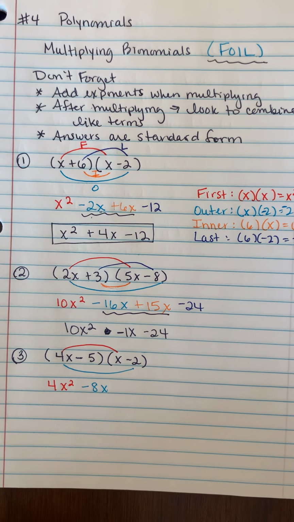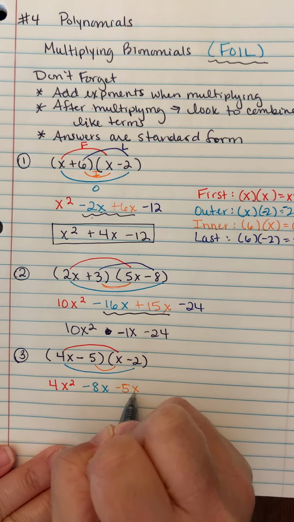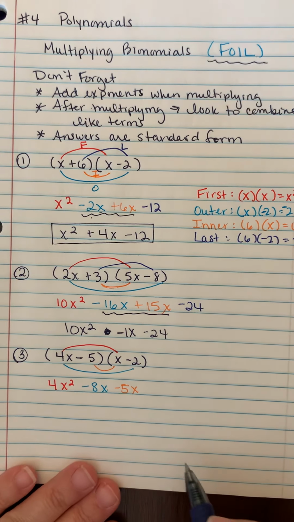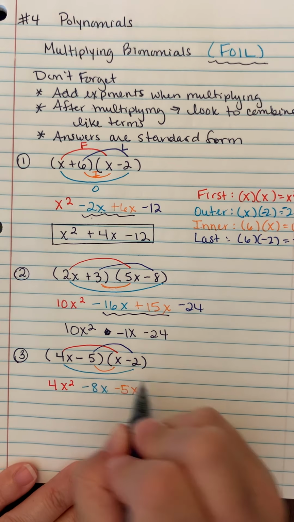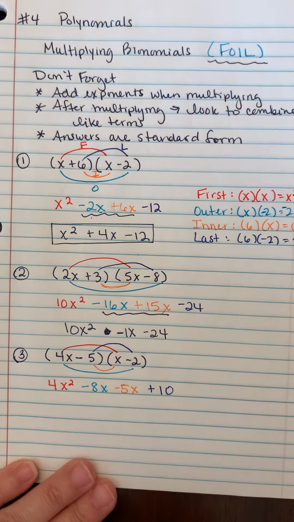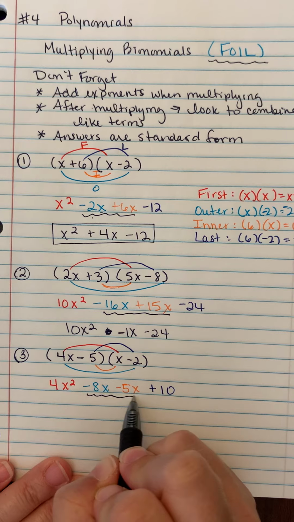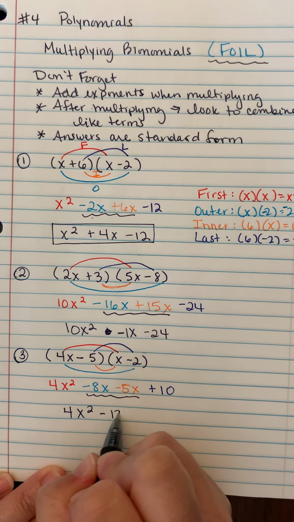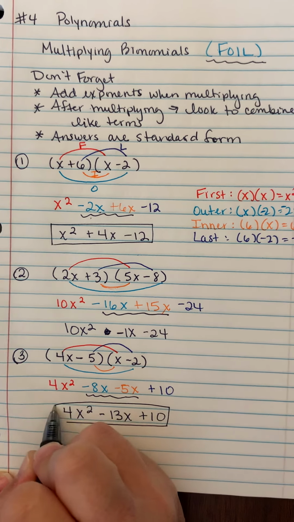Then you will have negative 5 times x, which is negative 5x. And then you're going to multiply your last terms. So negative 5 times negative 2. Two negatives make a positive, so plus 10. And then you're going to combine like terms, and those are going to be your middle ones. So 4x squared minus 13x plus 10. And that is your answer right there.